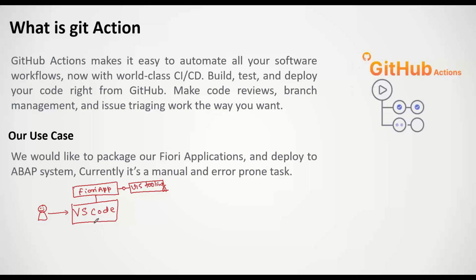Currently, what we do is we use a command called npm run deploy, as we learned in our advanced Fiori training, to deploy our app to our S4HANA system. We are using S4HANA on-premise system, but you can also use ECC or cloud systems to do the same process.